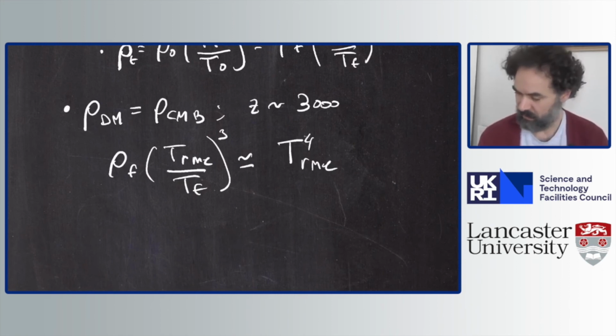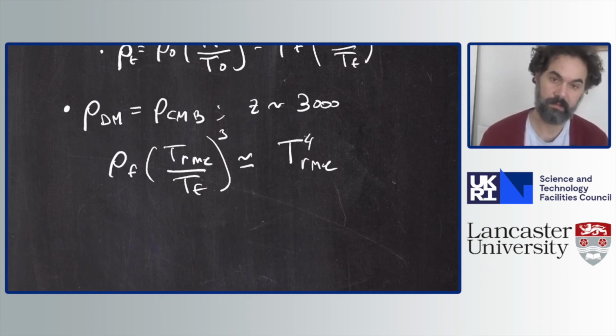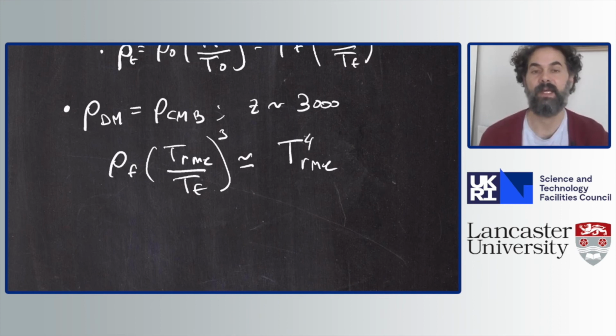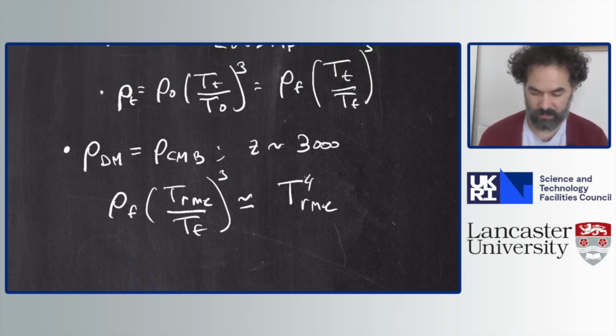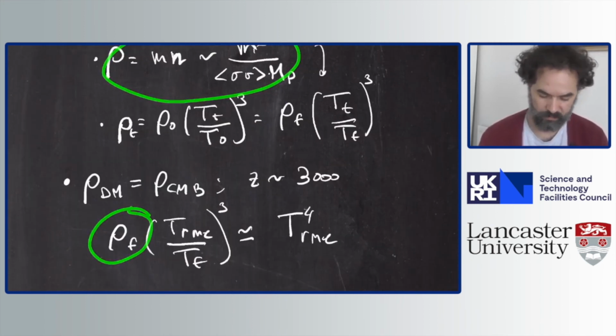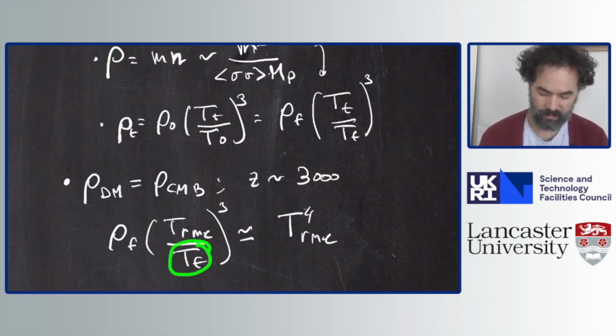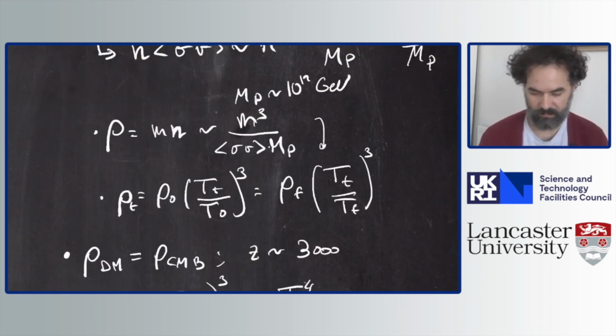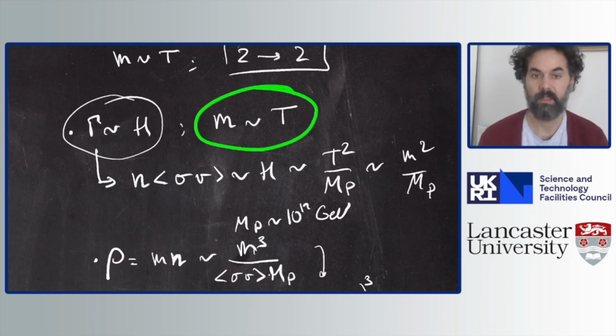Putting it all together, if the CMB today had temperature 2.7 Kelvin, at redshift 3000 you multiply by 3000, and you have all the numbers in these expressions. This comes from here, and the T at which the decoupling happened is given by the mass of the particle.